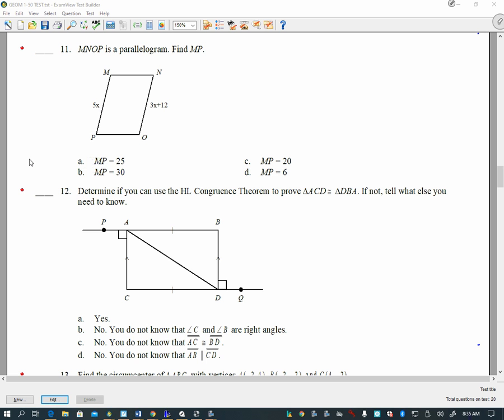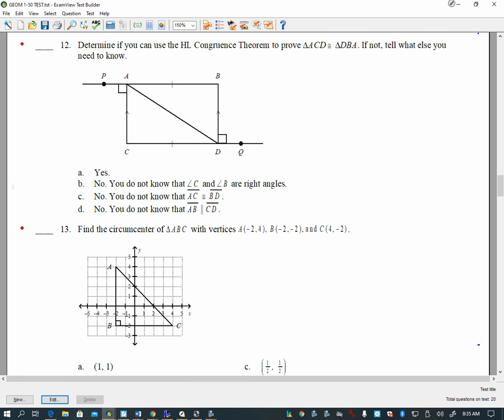Number 12, I believe you saw this on your last test. And I don't know that they can change this very much. The answer here is yes. At this point, though, because we've seen this question multiple times, I expect more than yes on your test. I'm not going to accept yes.